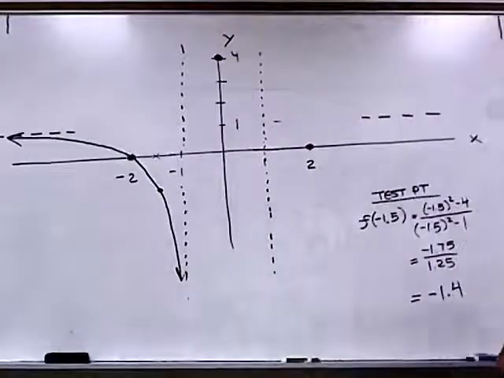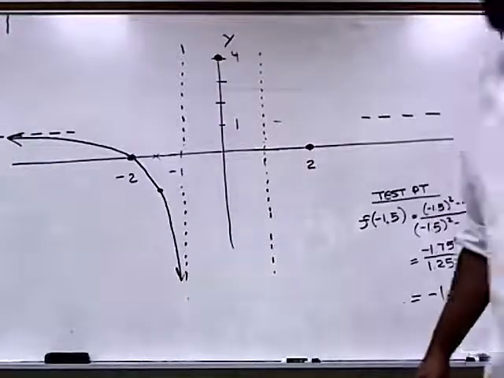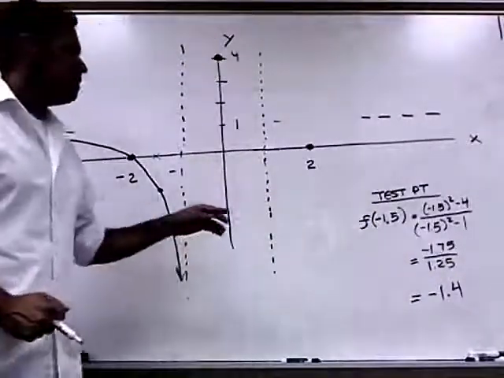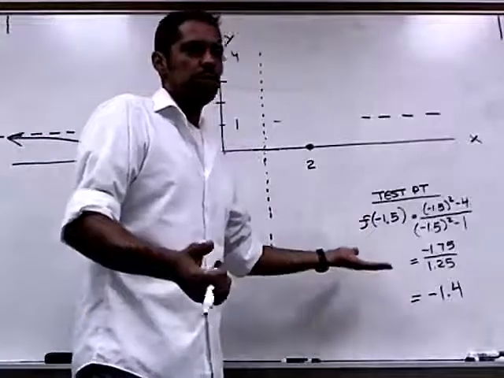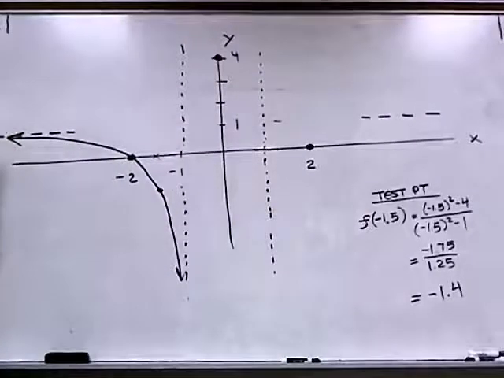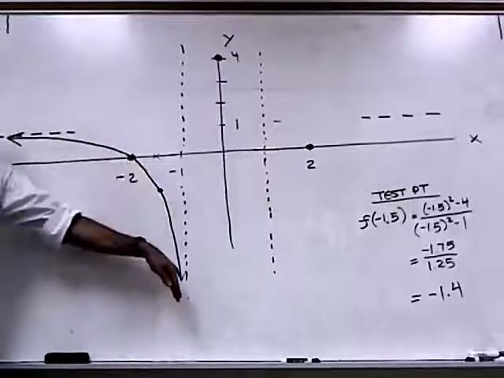No questions? Yes? For the exam, do you want us to put a test point? Is that required? How else would you do it? Mentally do it, like if you want to. You mean mentally plug it in? Yeah. At least tell me I tested a point, so I know it wasn't just a random guess. Because most people would look at this and say it looks like it's going to go down.